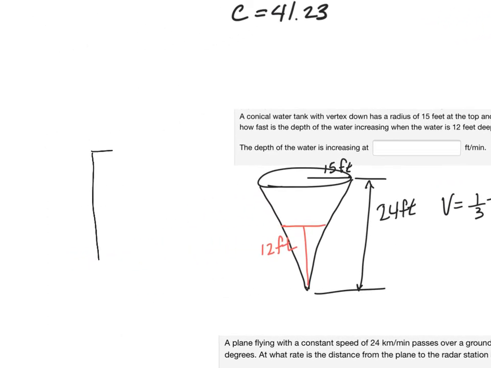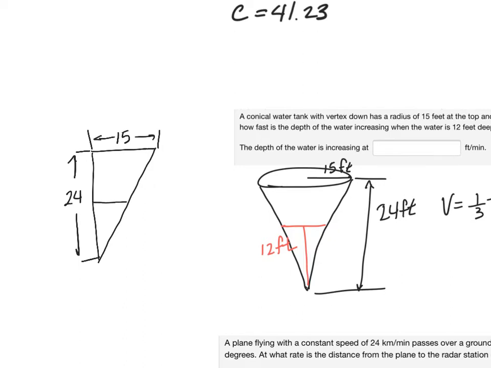I have these triangles going on. If I cut the cone, or my tank, right down the center, and then again in a quarter, this is 15 and the height is 24. From top to bottom, the height is 24, and from side to side, that's 15.